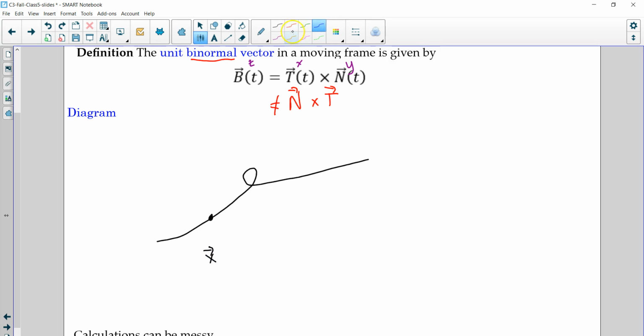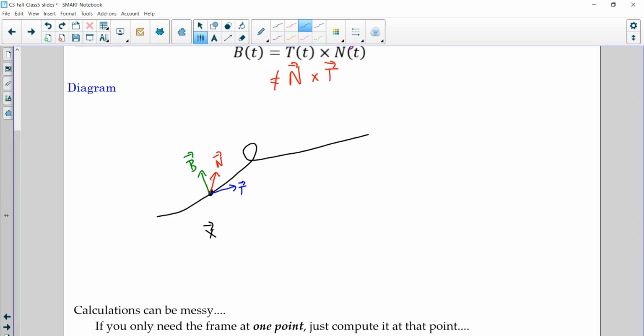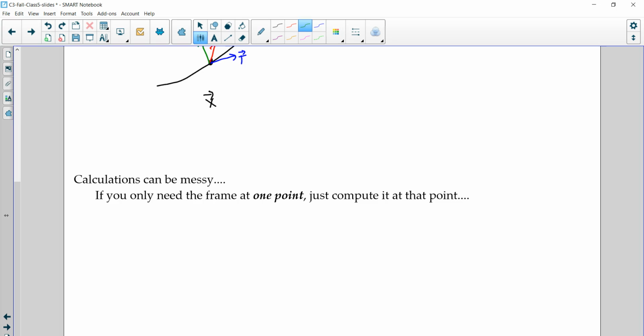Then we have the unit tangent here, the unit normal vector here, and then we're going to have the unit binormal in that third dimension. So this is t, and then n, and then we have b. All mutually orthogonal.